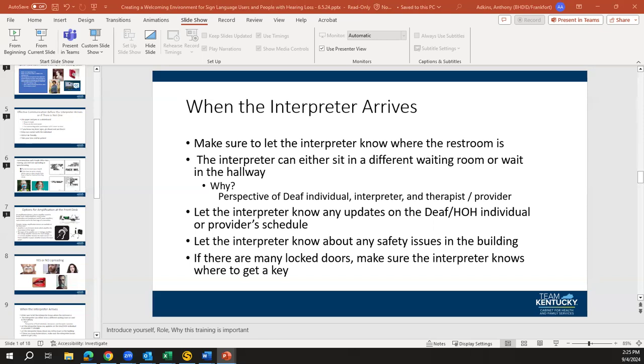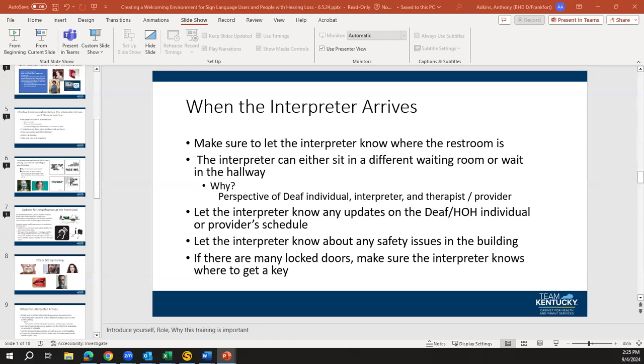But again, if the interpreter is fully scheduled back to back and has appointments before and after your appointment, when they show up, sometimes they need just a moment to recalibrate and get ready for this next mental health appointment. So if it's been a rush day, back to back appointments from office to office, or even prior to the appointment they are there for, it could have been very complex.